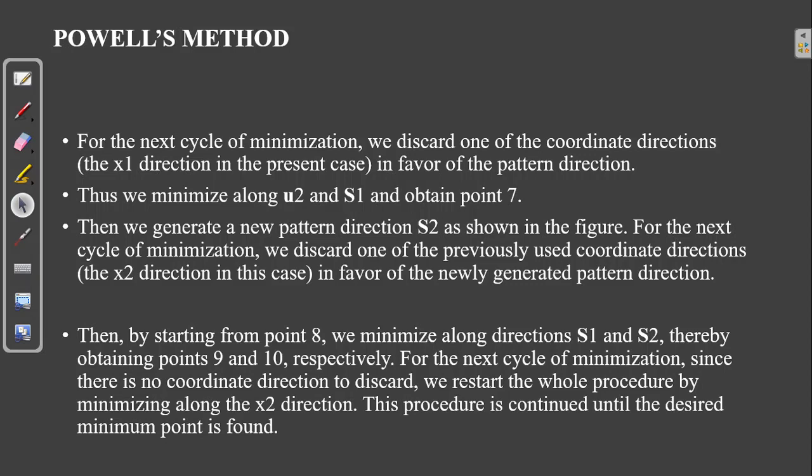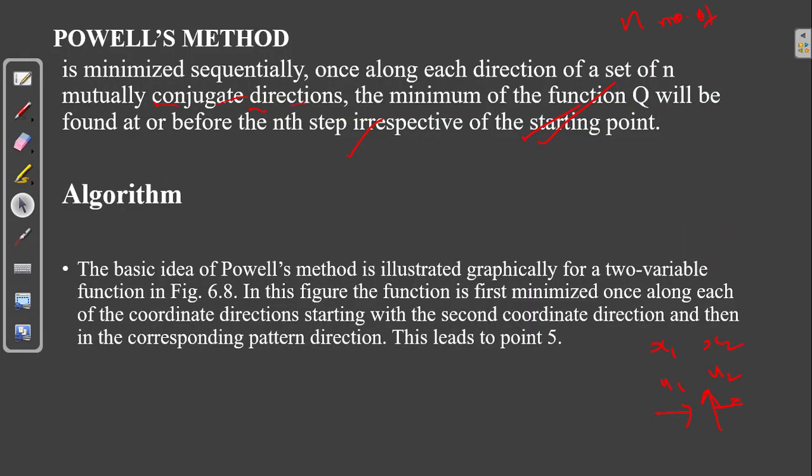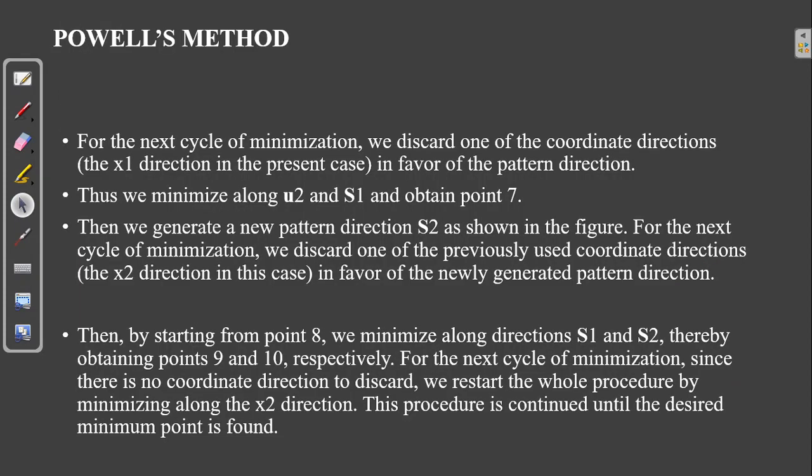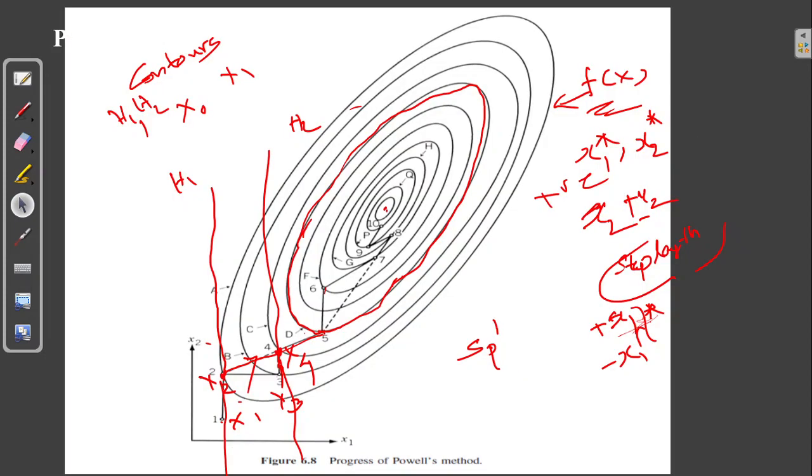Then for the next cycle, that will lead from the point 5. Powell's method says that for the next cycle of minimization, you have to discard one of the coordinate directions. That means instead of going initially in the x1 direction and then in the x2 direction, you can directly go from this point to this point like this, that is in the conjugate direction.